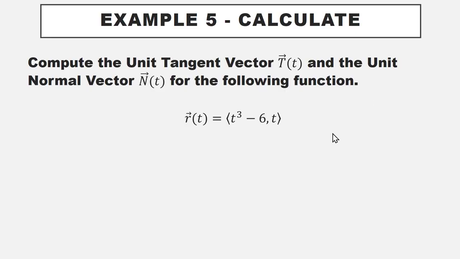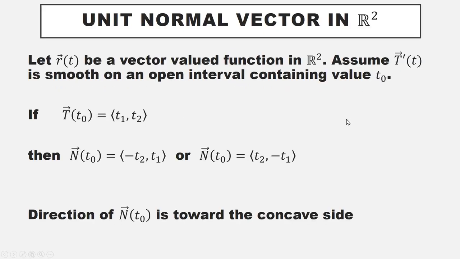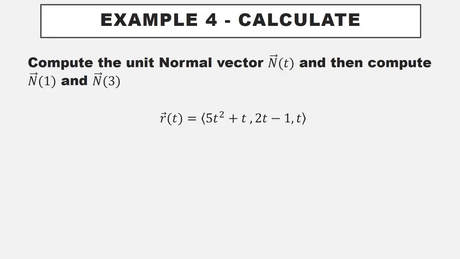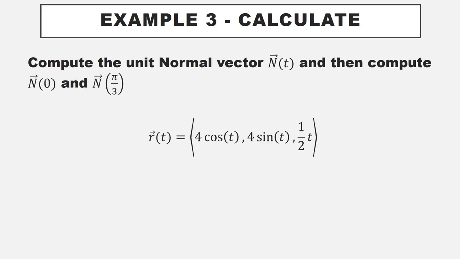So it's a much easier calculation for the unit normal vector in R2 than it was in R3. In R3, sometimes, like in this case, we're going to get some messy looking unit normal vectors. Sometimes in R3, things are going to work out really nice, and our normal vectors are not going to be real hard to compute, like in example 3.